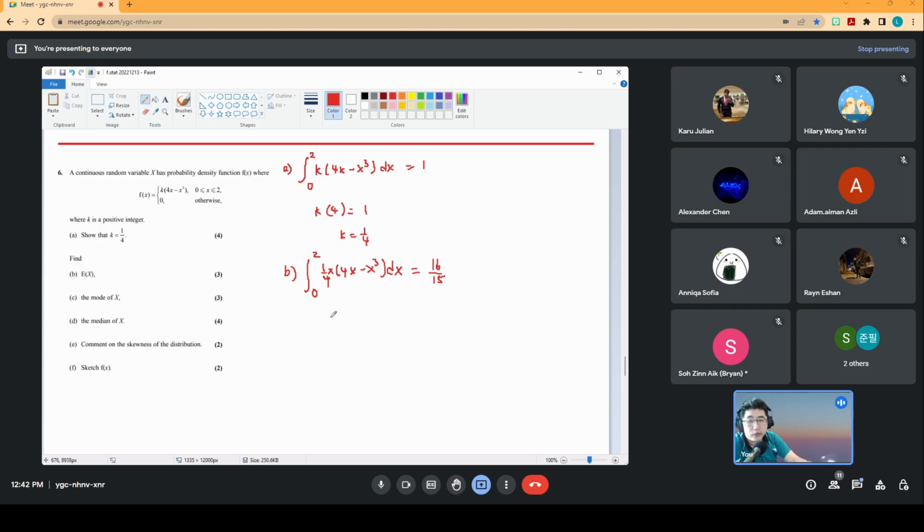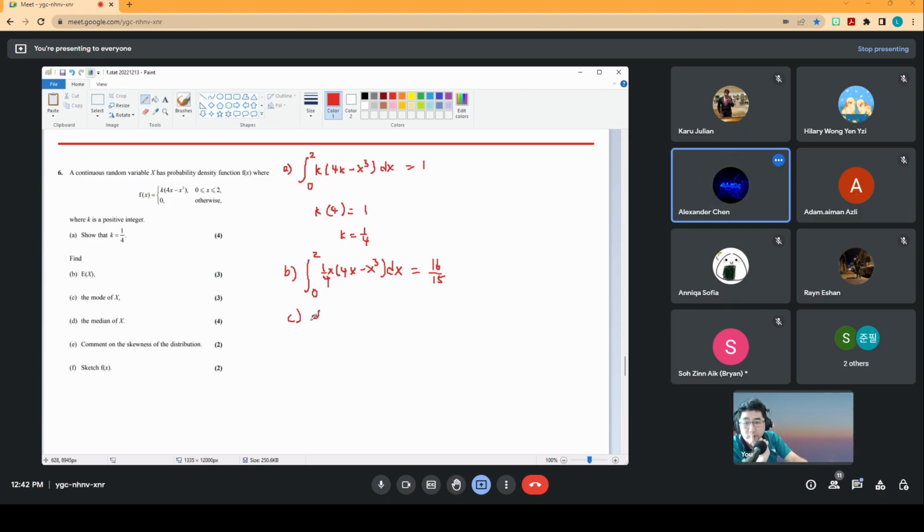Anyone agree? Disagree? For C, how should we do this? Do we find the turning point? Very good. How do we find the turning point?